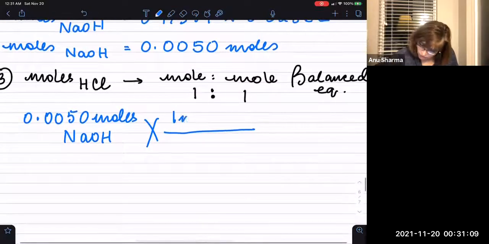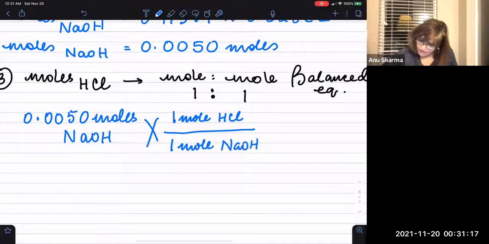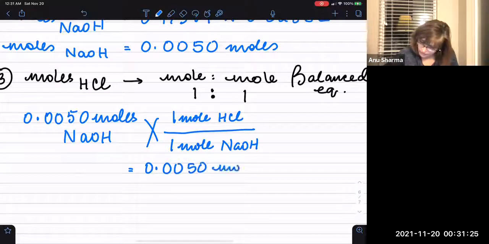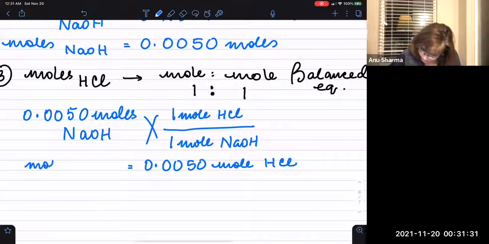So that is equal to 0.0050 moles of HCl. These are the moles of acid.